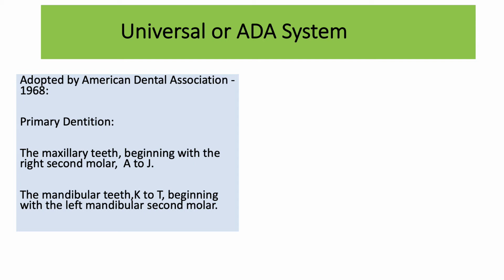Now we'll discuss the tooth numbering systems of each dentition. First, the primary dentition.